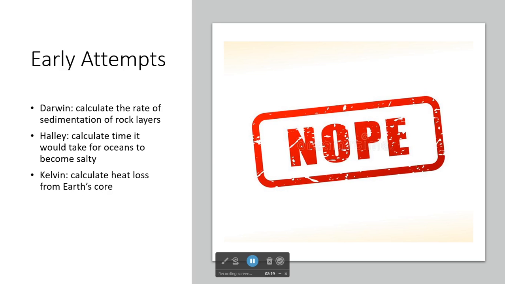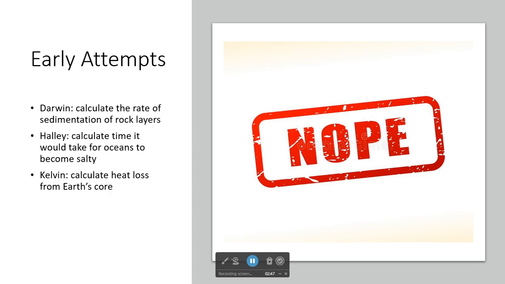There were many early attempts at estimating the age of the Earth and getting these absolute ages, or ages referenced to a standard. Charles Darwin made one of these first attempts, and he tried to calculate the rate of sedimentation, or the amount of time it would take for sediment to accumulate in the rock layers that we see today. So he took a location and decided he was going to calculate that.